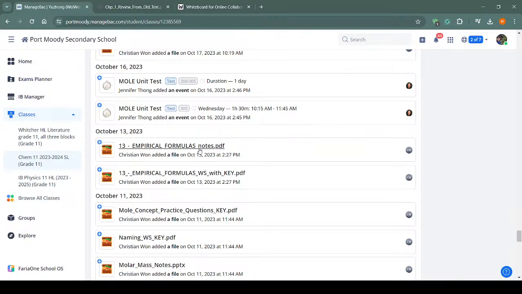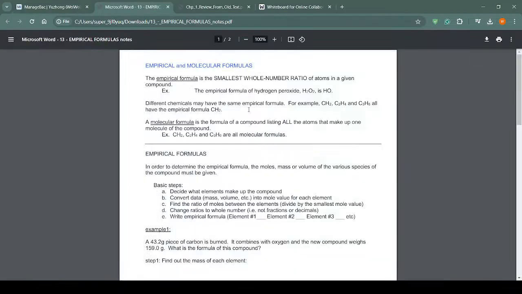Empirical formulas. Honestly, just gonna go through the whole thing. Empirical formula.